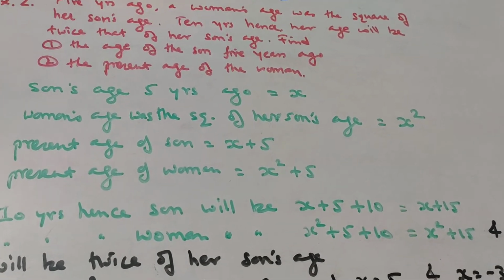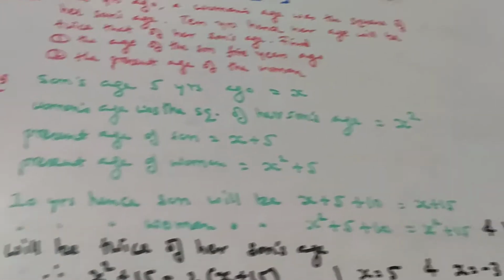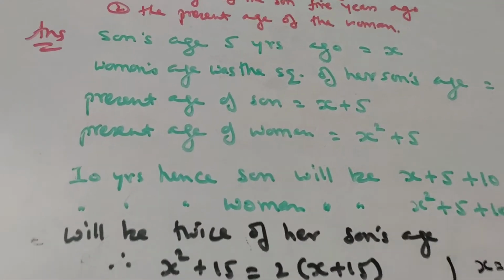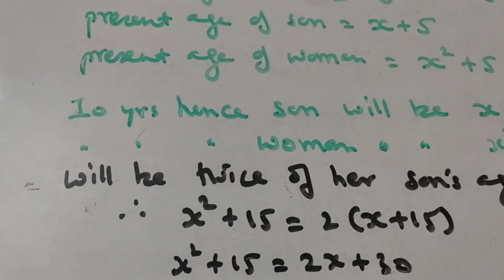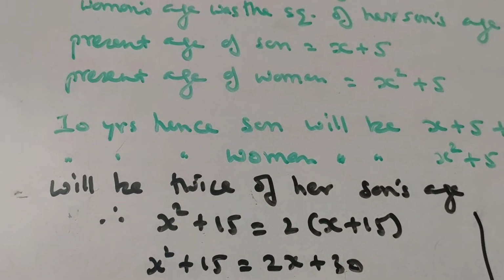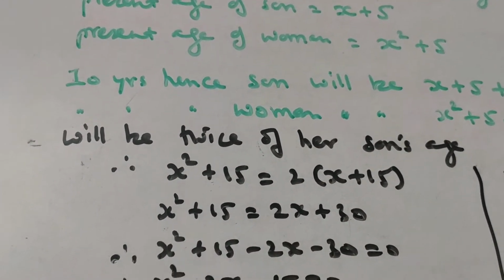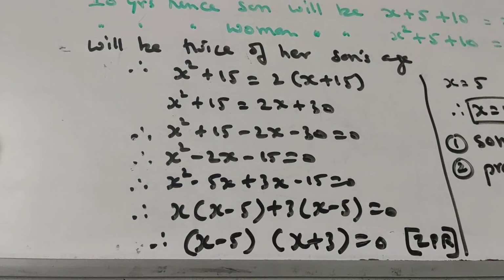So x square plus 15 is the woman's age and twice of the son's age. So 2, that is twice, bracket x plus 15, that is son's age. Opening the bracket, you get x square plus 15 is equal to 2x plus 30.